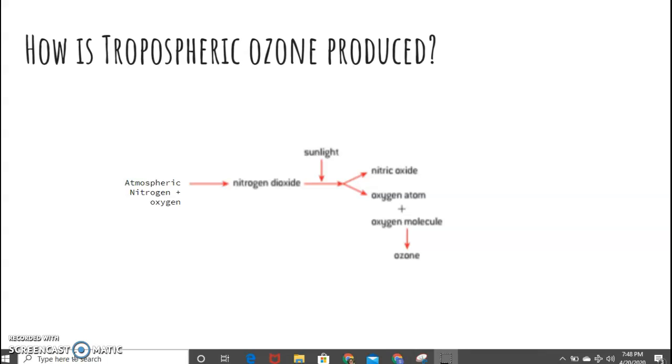And when sunlight hits it, nitrogen dioxide splits into nitric oxide and one oxygen atom, and that oxygen atom combines with an oxygen molecule, which is O2, to make tropospheric ozone.